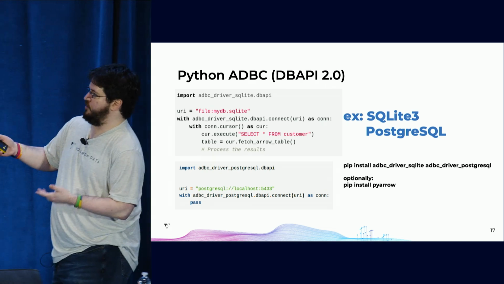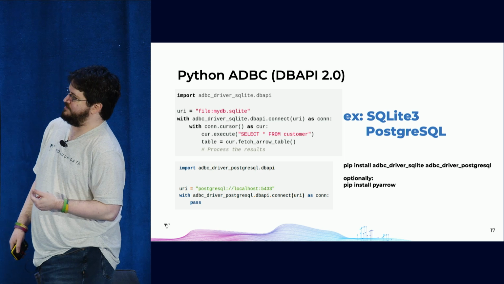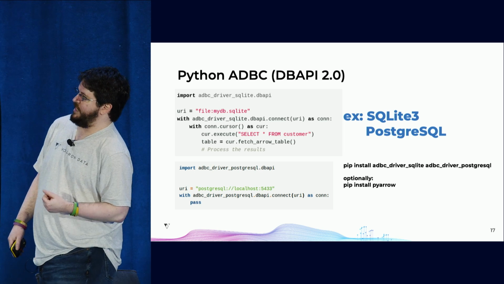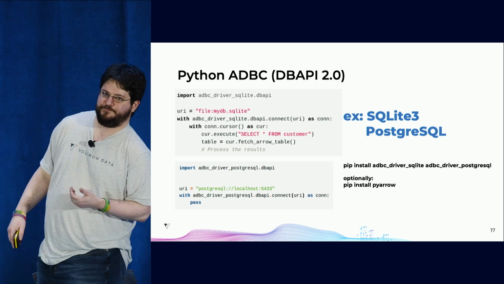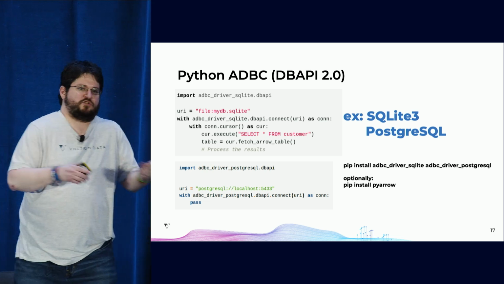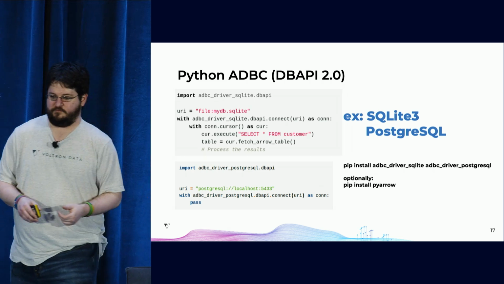And you can see here, all you have to do is change which thing you imported and your connection string, and the rest of the code can stay the same, which is the reason why you use ODBC or JDBC in the first place. Only now we're going to get column-oriented.